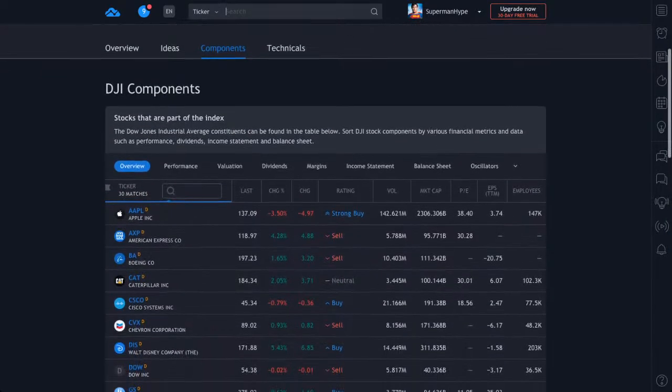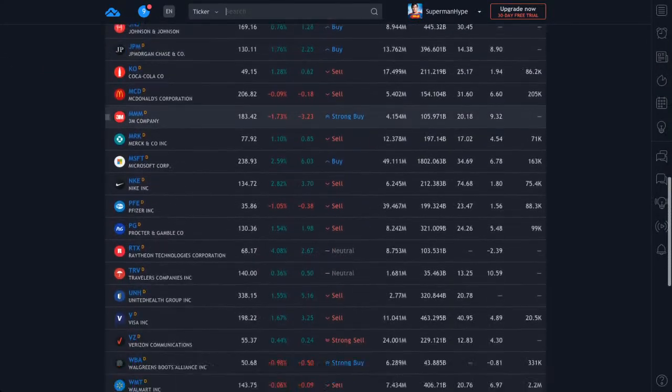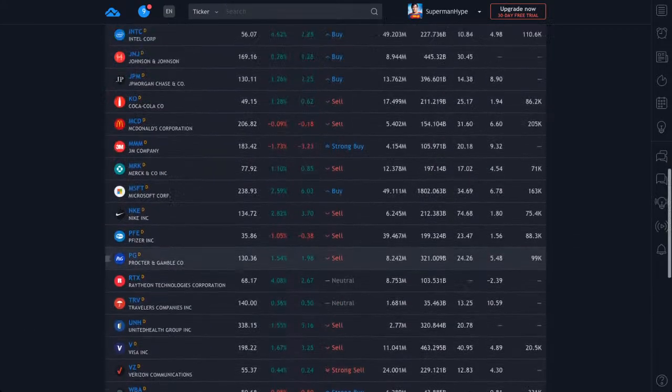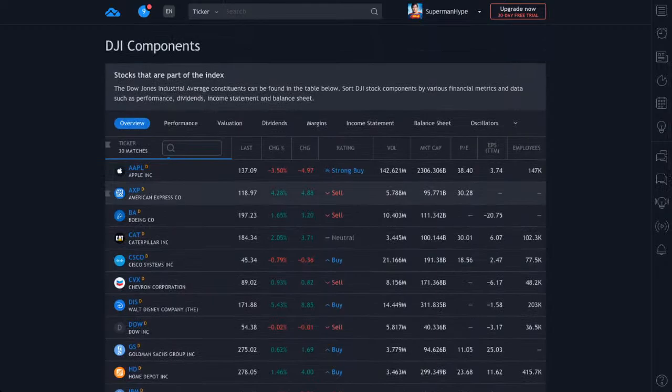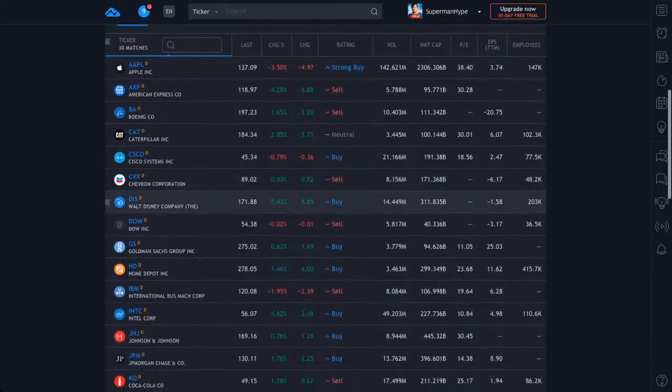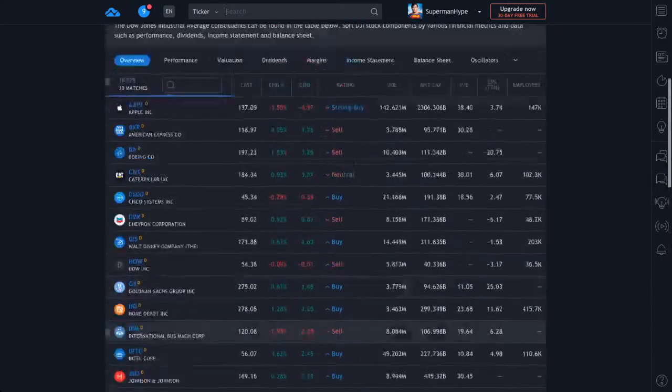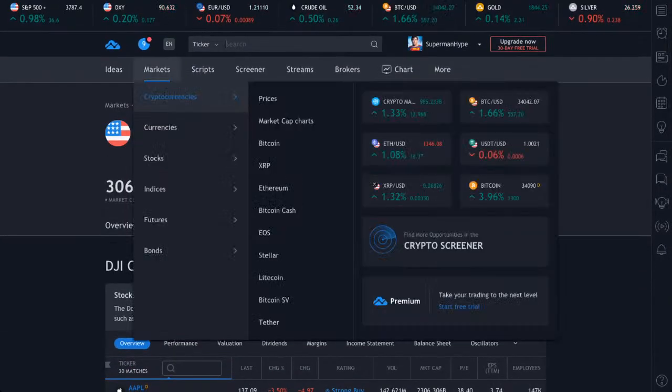There is another index that has 300, so I wasn't sure which one that was. But DJI has got 30 top companies in there, not just industrial, because you've got Apple and places like that, but Boeing, Walt Disney, it's got all these top companies in there, and that's the top 30. So it's a good one to know.